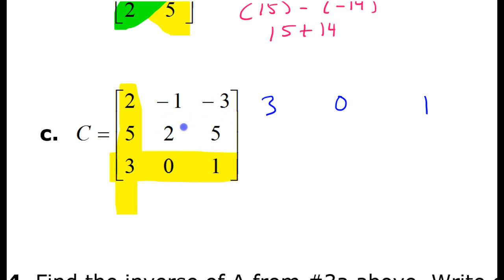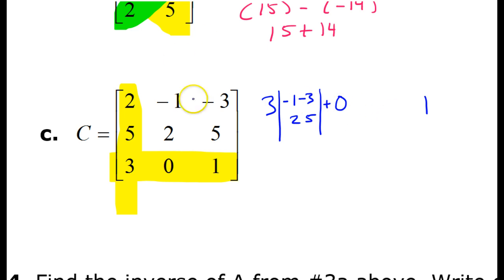Notice how that leaves a little matrix behind. So we're going to wind up doing the determinant of this submatrix. So this little submatrix is -1, -3, 2, 5. Okay. I'll just put a little plus right here.